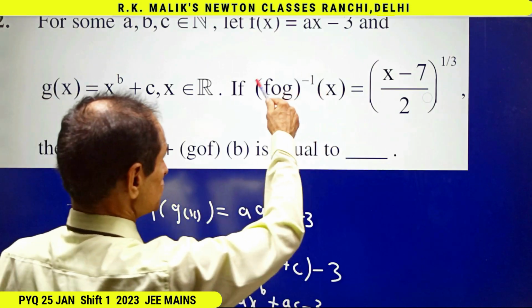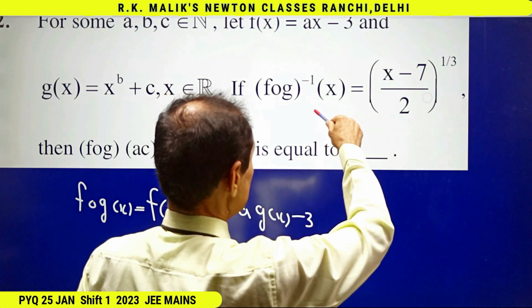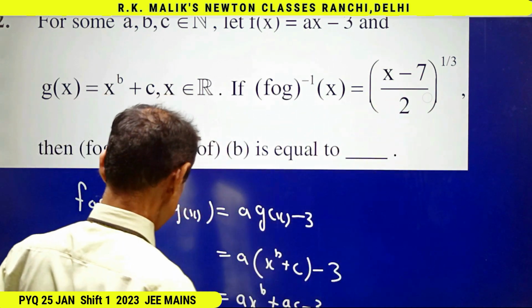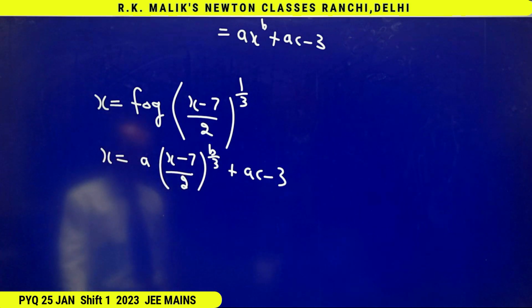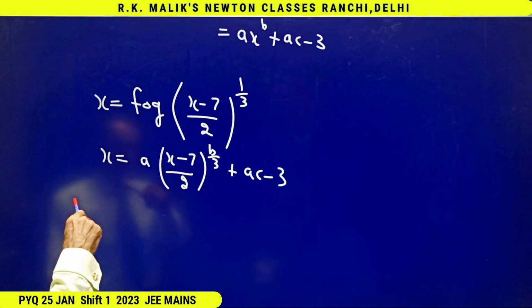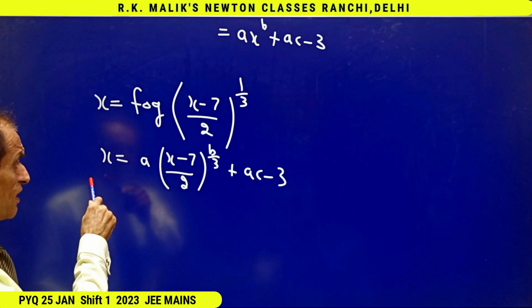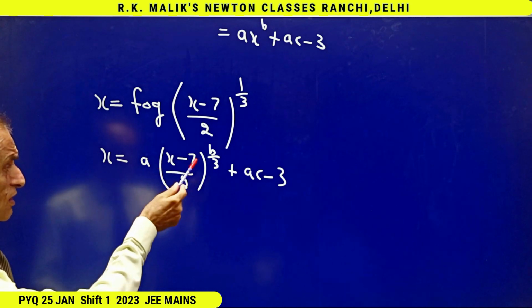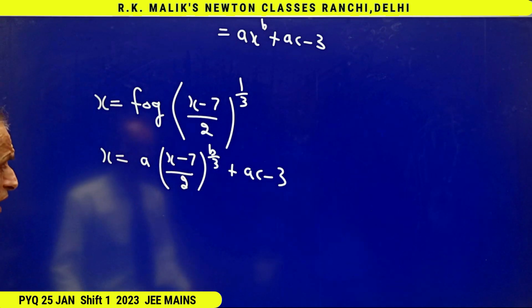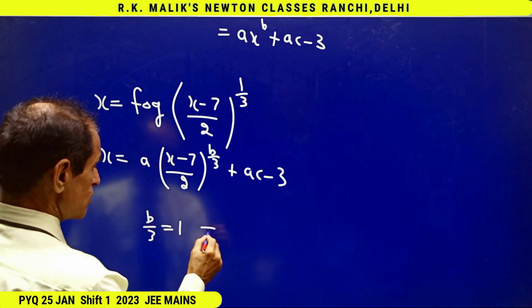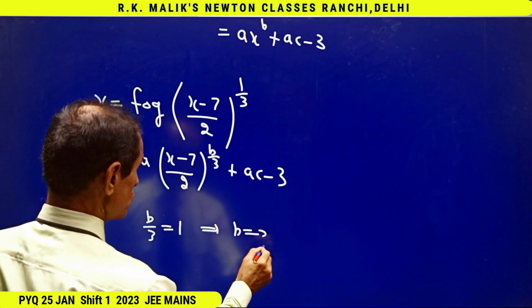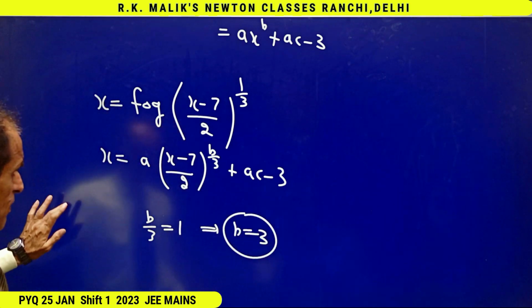And because this is valid for every value of x in the domain, and the left hand side is a linear expression in x, therefore the right hand side will be a linear expression: b by 3 equal to 1, that is b is equal to 3.